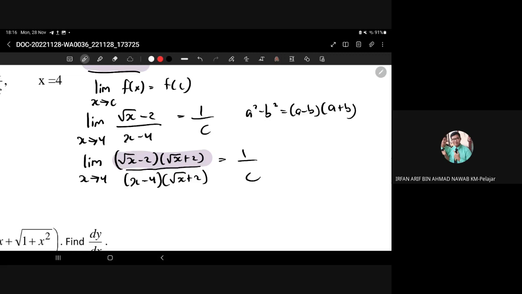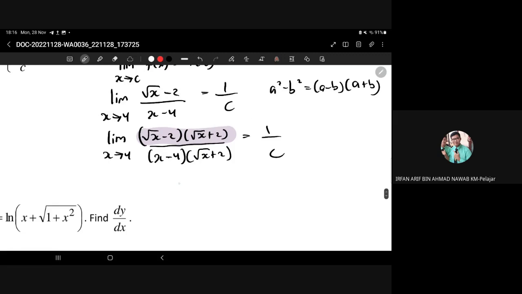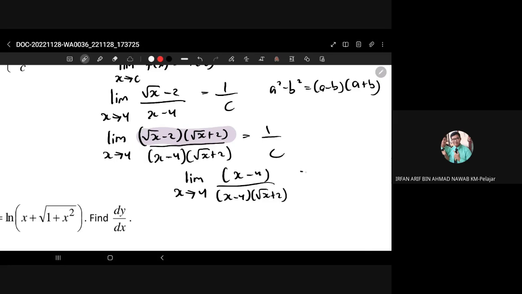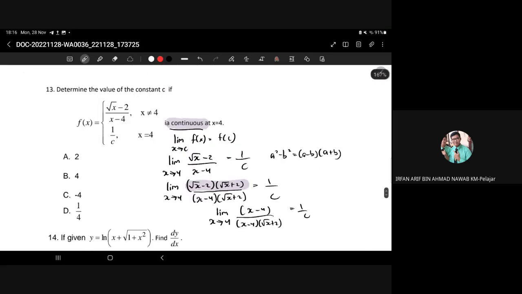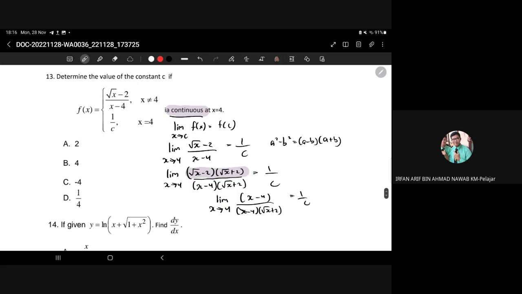So we will get the limit as x approaches 4 of x minus 4 over x minus 4 square root of x plus 2, equal to 1 over c. Yes. So we could simplify this function.